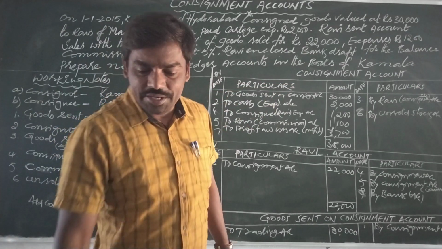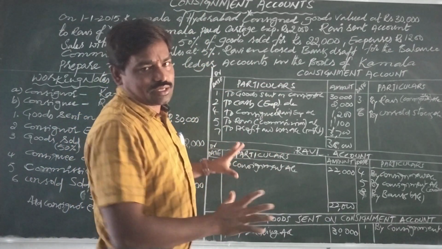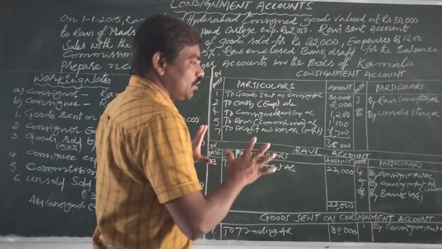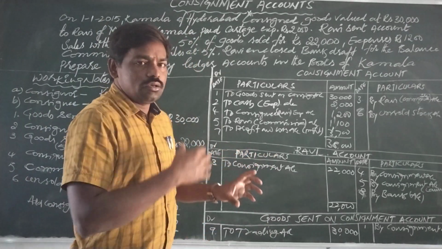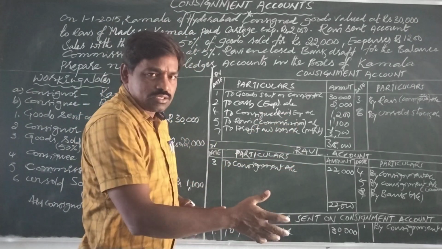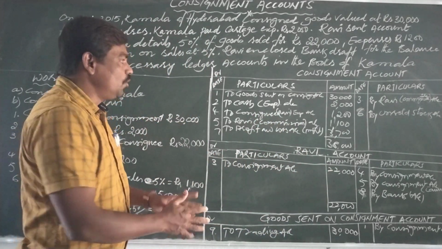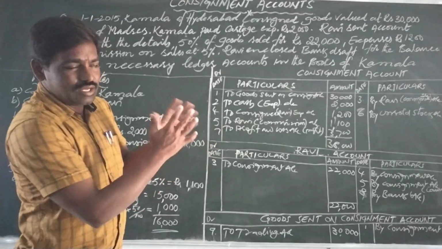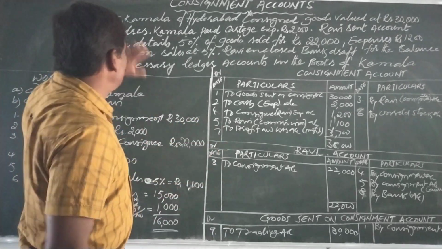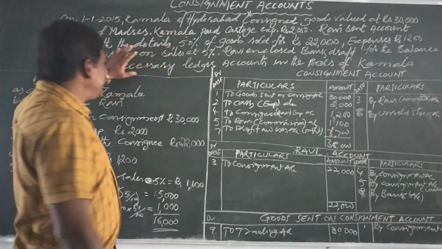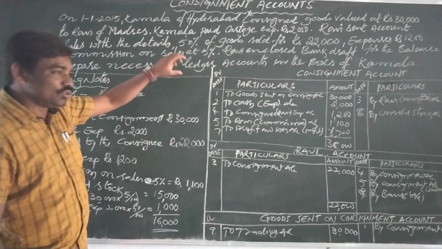So students, it's very simple and easy. If you apply the techniques, you can do the problem in 10 to 15 minutes. It won't take much more time. So in the annual exam also you can follow some steps. Then it is easy for you to do the problem. First, read the problem carefully and try to understand what we are asked to do.